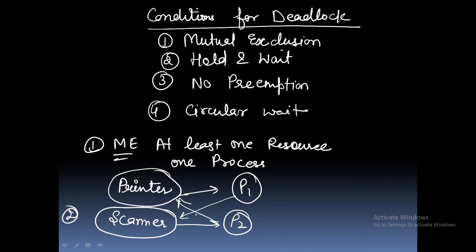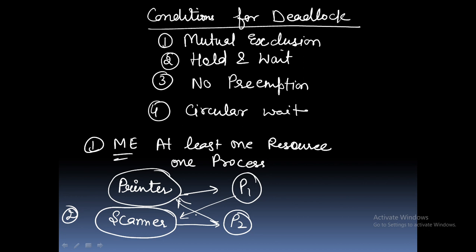But both do not release their resources, printer and scanner. Then that is a deadlock condition because both are in hold and wait. Both are holding and waiting for each other. There must exist a process which holds some resource and waits for another resource held by some other process. This is called hold and wait.